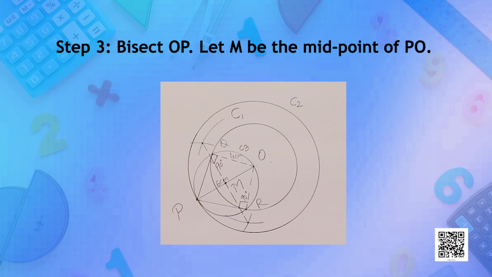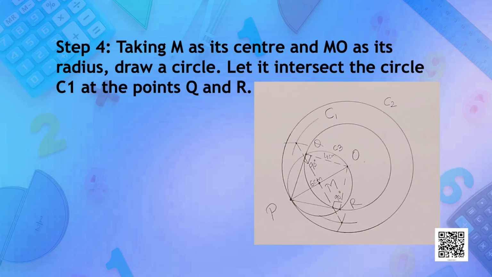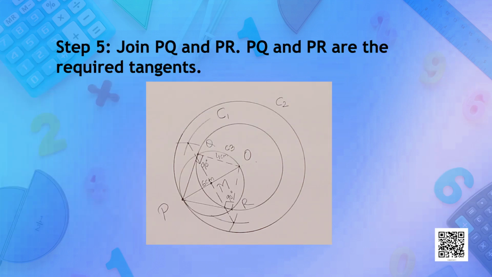Bisect OP, M will be the midpoint of OP. Then taking M as center and OM as radius, draw a circle. Let it intersect the circle C1 at the points Q and R. Join PQ and PR, then PQ and PR are going to be our required tangents.